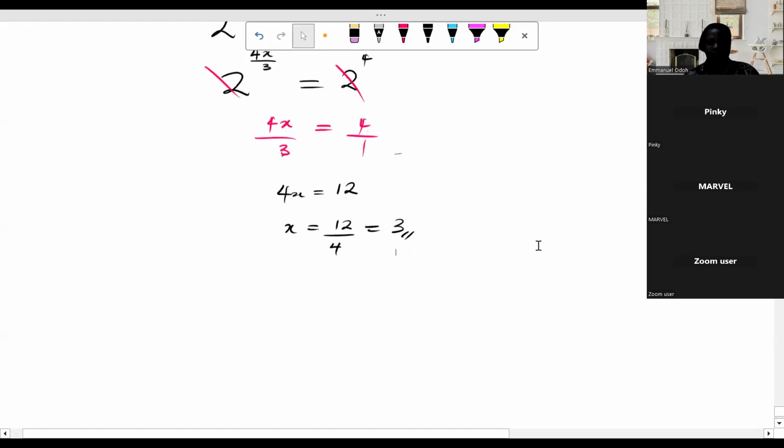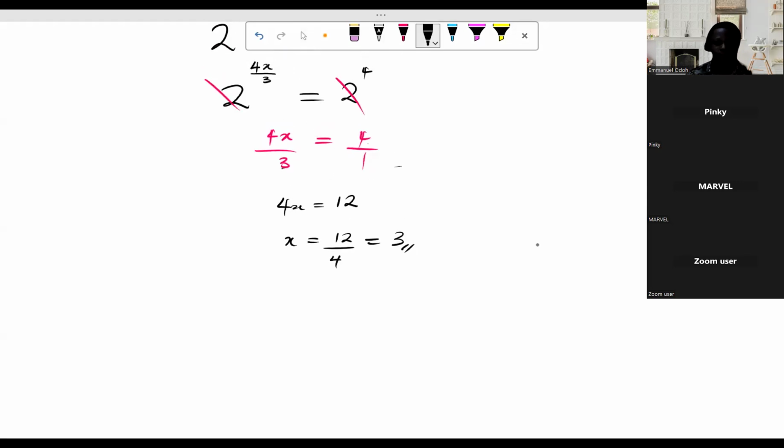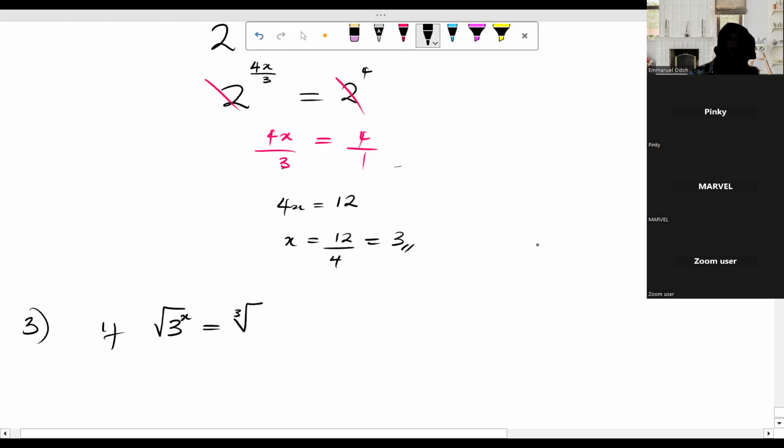So let's do question 3. Question 3 says, if the cube root of 3 to the power of x is equal to the square root of 3 to the power of x, equals the cube root of 9.